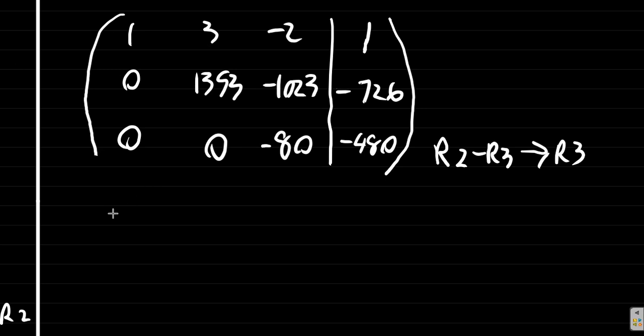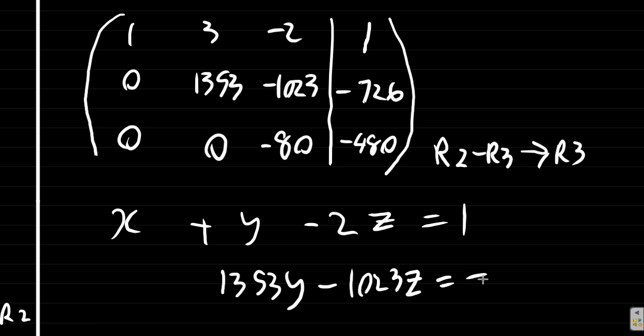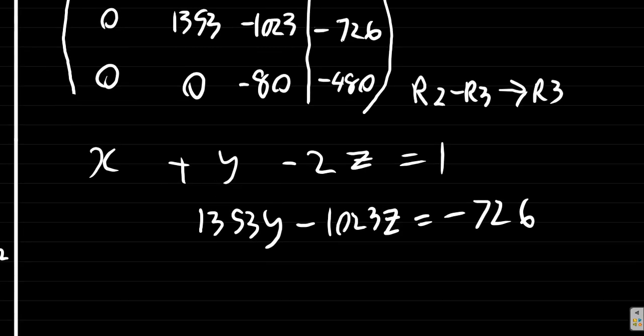But let's rewrite this. So 1x plus 3y minus 2z equal 1. Then 0x plus 1353y minus 1023z equal minus 726. And then 0x plus 0y minus 80z equal minus 480.